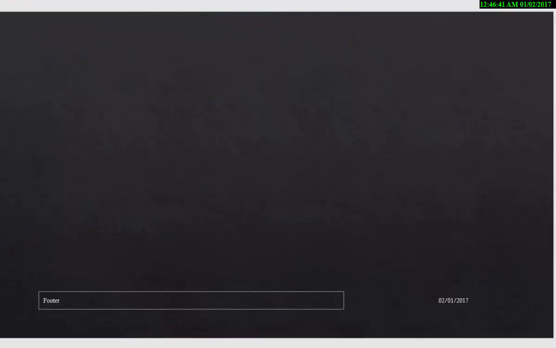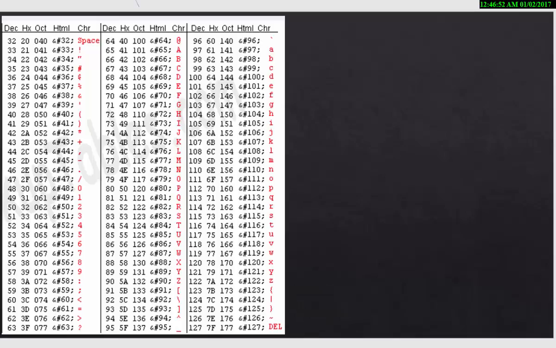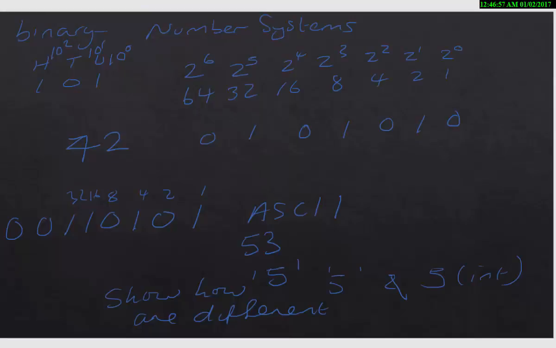That's a good one. So 5 as an ASCII and 5 as an integer. So as ASCII, 5 is, like I said, 53, and we already know what that is, 110101.